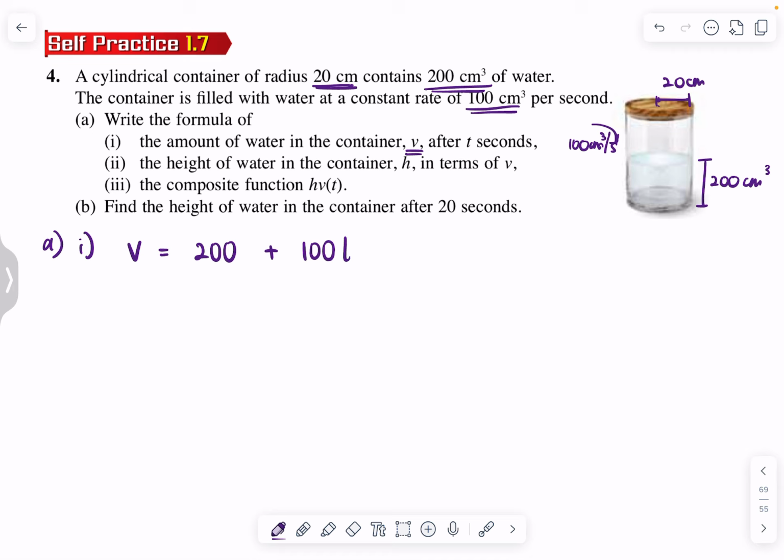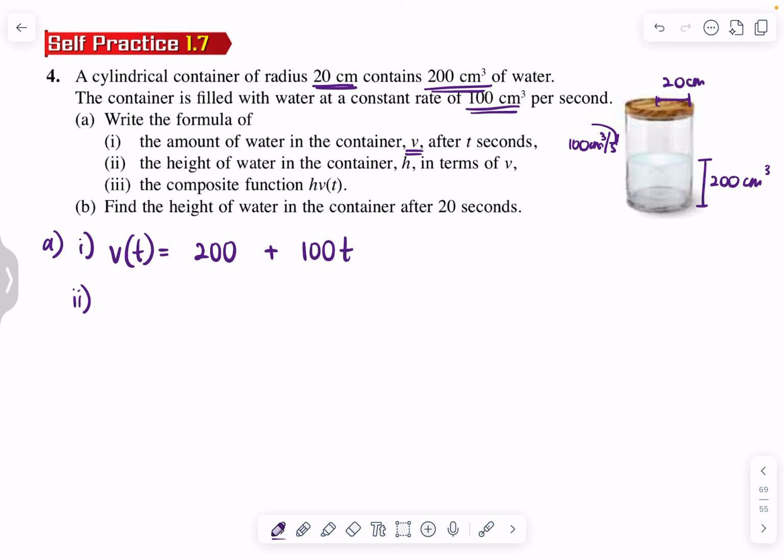So we must multiply by t. This will be the volume after t seconds. So if you want to find the volume after 5 seconds, 5 times 100 plus 200. So this is the function of V in terms of t. We can also write this as V in terms of t.